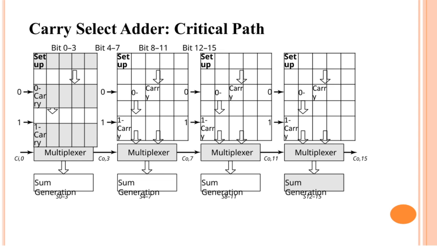Since sum generation is done in parallel for both carry inputs, the multiplexer introduces the main delay in determining the actual sum and carry output. Therefore, understanding this process helps in optimizing the overall speed of the carry select adder, as we can focus on minimizing the delay caused by multiplexers and efficiently managing carry propagation between groups.